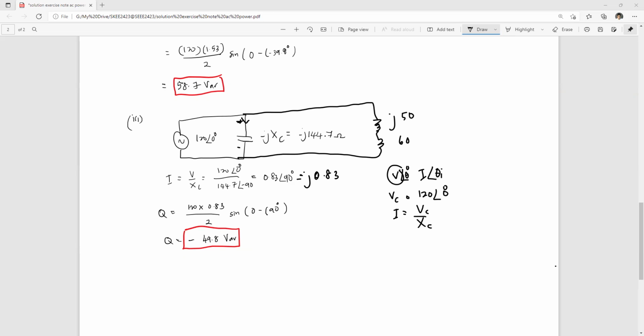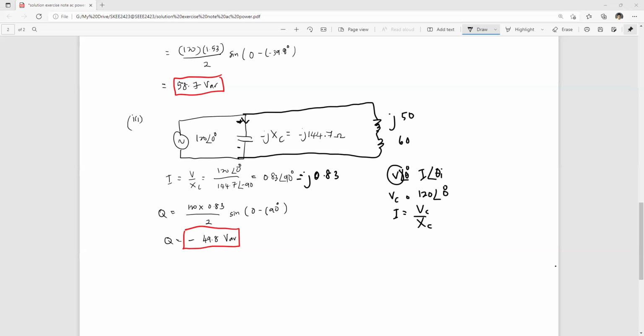By inserting a capacitor in parallel, you will inject a negative Q inside the circuit.